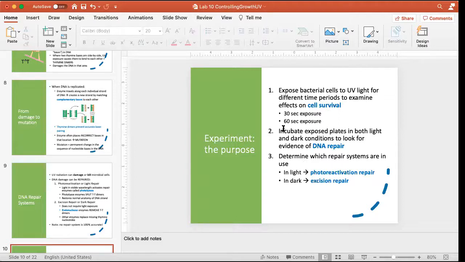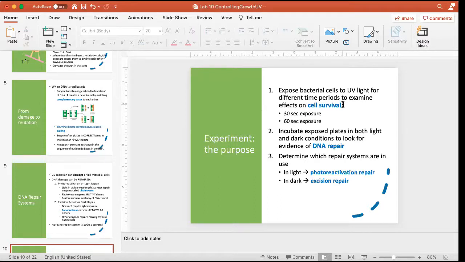Now, I know that doesn't seem like a long time, but for unprotected bacterial cells, they have no protection against ultraviolet radiation. That's enough sometimes, not only to damage, but also to kill. So we're going to see the effects of these two time periods of exposure on those cells, whether or not they're able to survive it.